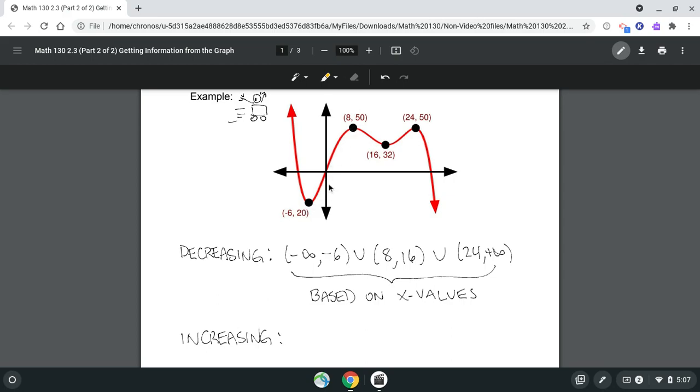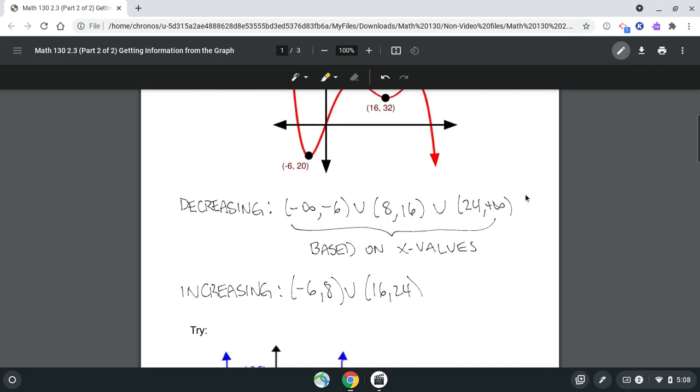Then you go down, and then you go back up from 16 to 24. And that looks like the only intervals where you are going upward, right? Down, up, down, up, down.